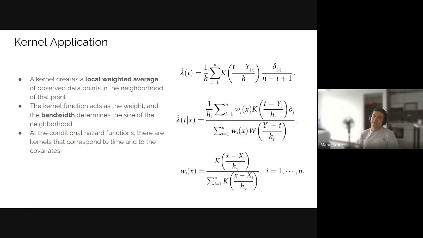Then moving to the kernel application of it, they are just going to try to weight some of the observations that they see with neighboring observations with regards to time and also with regards to the covariates. In the first situation here, we only see a kernel being applied with regards to time, and here we see that the kernel is applied to both time and the covariate.